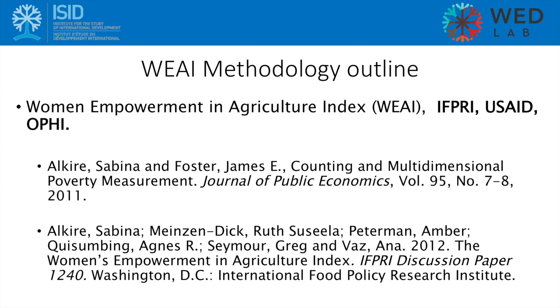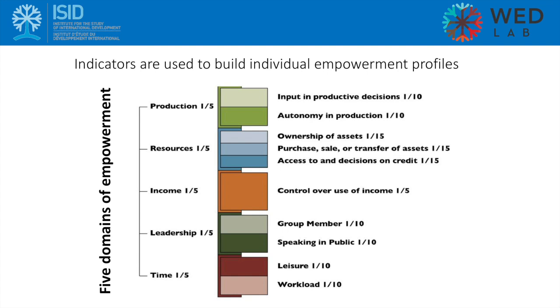This methodology says that empowerment is defined according to 5 domains: production, resources, income, leadership, and time. Within each of these domains, there's a series of questions one asks individuals. For instance, within production, one asks about input in productive decisions and autonomy in production.